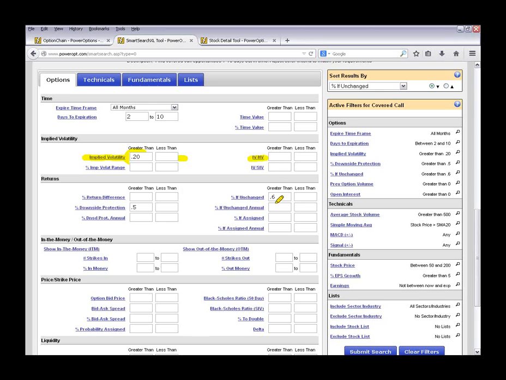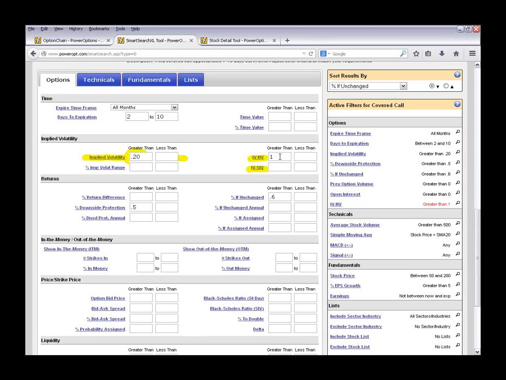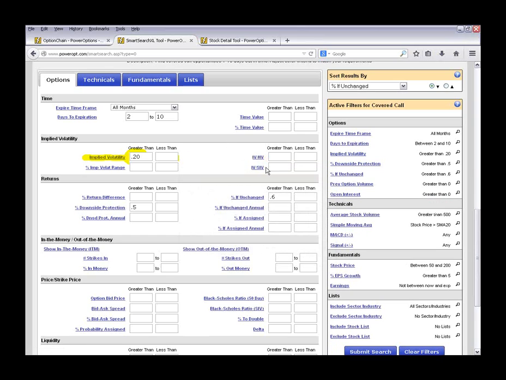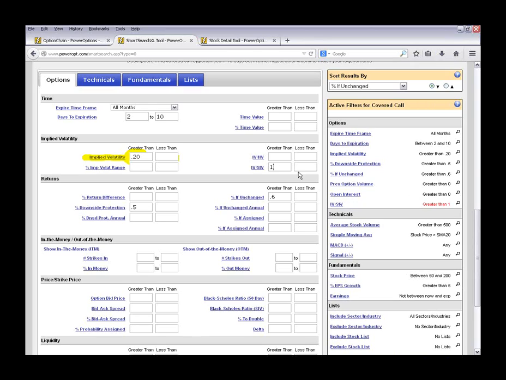And if you wanted to make sure your option was overvalued or undervalued, if we were doing call buying perhaps, for the IV over HV ratio, I might look for a ratio of greater than 1 or greater than 1.10. And for IV over SV, we would do the same thing. Remember, that's the stock's implied volatility index, the average of the implied volatilities for the near-term options. So you might want that to be above 1 as well.